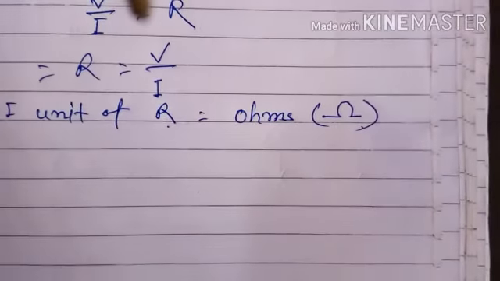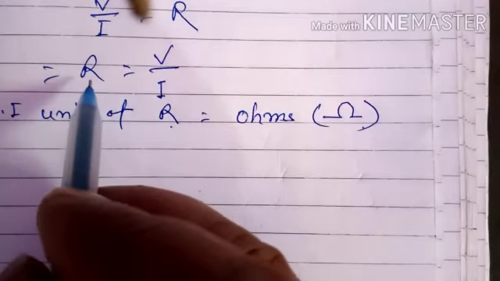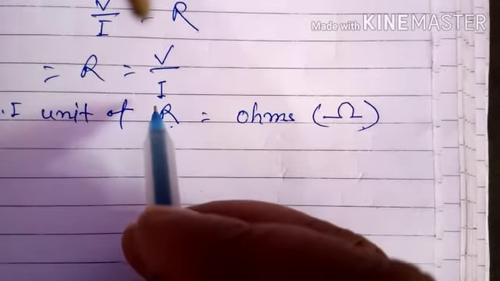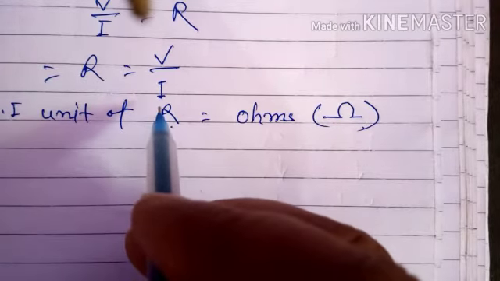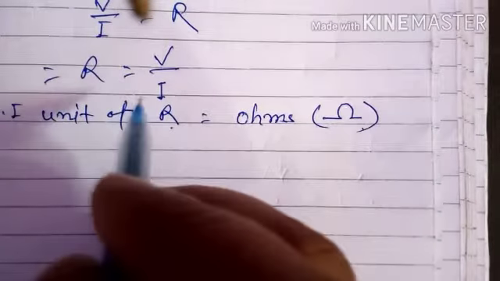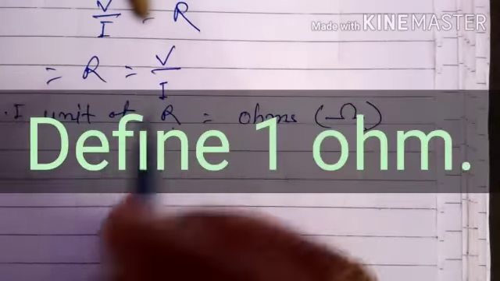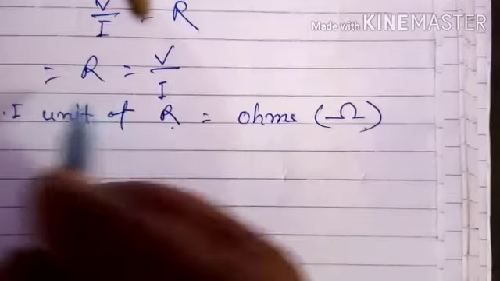Now here in this equation, R is resistance, V is potential difference, and I is electric current. From this equation, the unit can also be defined.